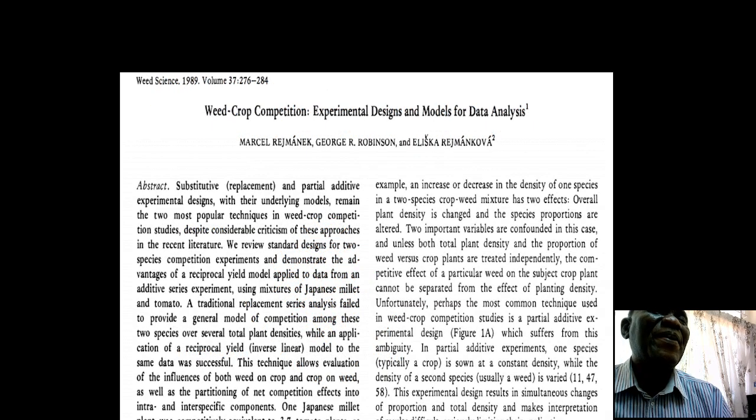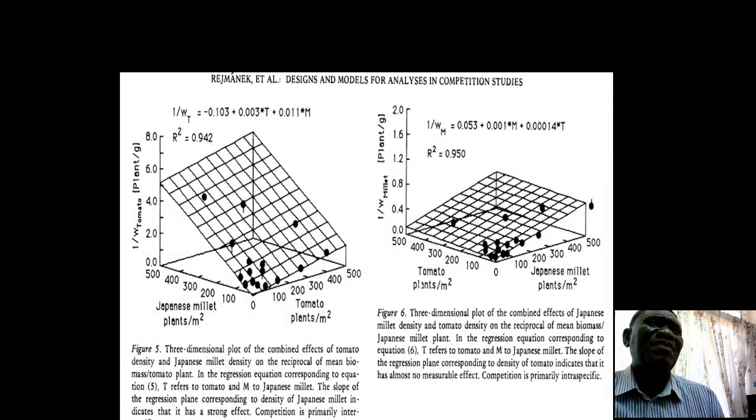There's also a paper on weed crop competition experimental designs and models for data analysis, which you may want to have a look at. And this was extracted from a typical paper where you see those reciprocal equations for different plant species and the graphs.